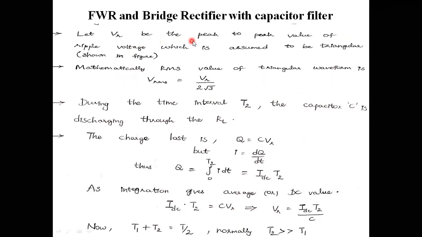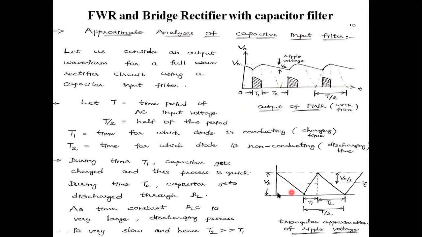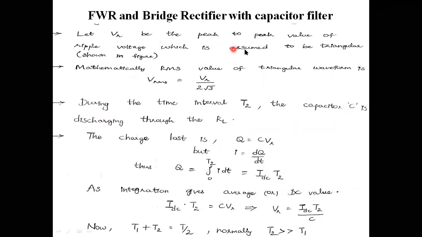Let VR be the peak to peak voltage of the ripple voltage, which is assumed to be a triangular waveform, as shown in the figure. Mathematically, the RMS value of a triangular waveform is given by VRMS equal to VR by 2 root 3.